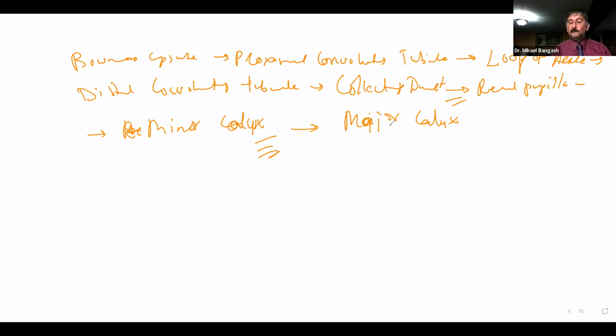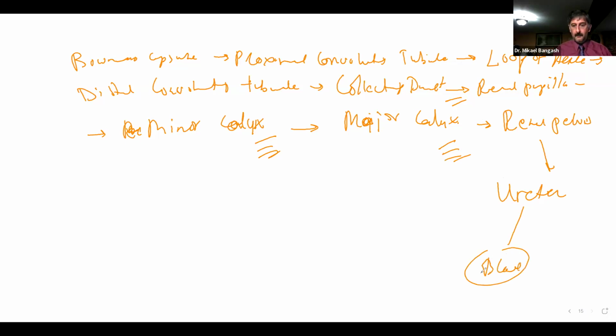Major calyces empty into what you call the renal pelvis. And from the renal pelvis is going to be the ureter, which then will go to the bladder and urethra.